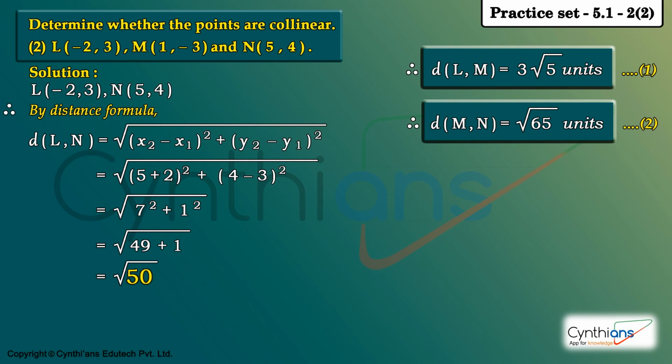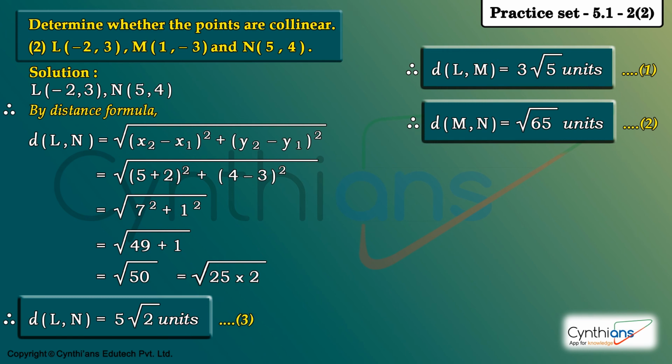Square root of 50, is it a perfect square? No. But can it be factorized? Yes. So let's break it. Equal to square root of 25 into 2. Now we all know square root of 25 is 5, because 5 fives are 25. So 5 into root 2, because root 2 cannot be factorized ahead. And this is 5 root 2 units. Therefore distance of LN is 5 root 2 units. Mark it as equation number 3.